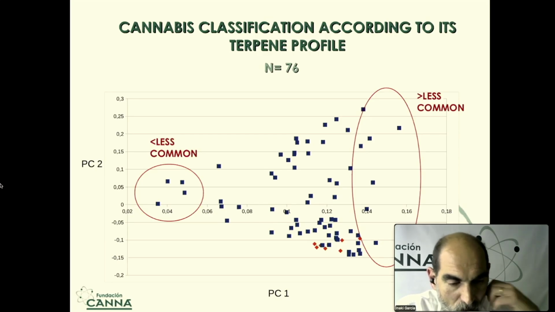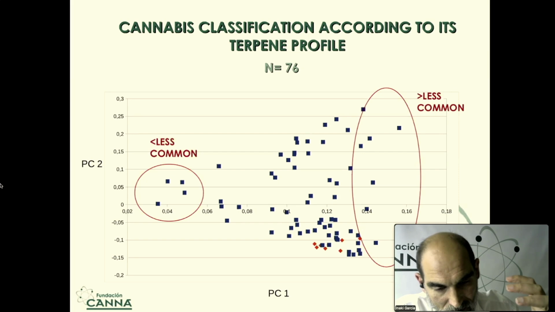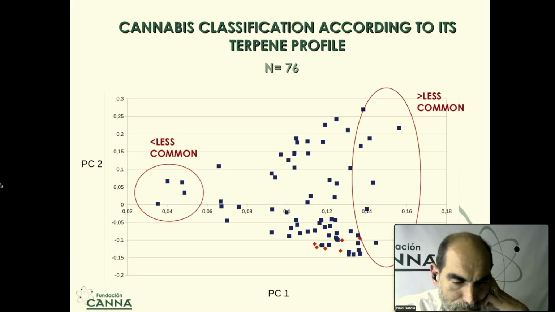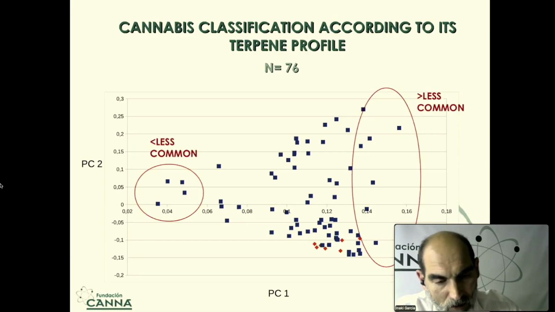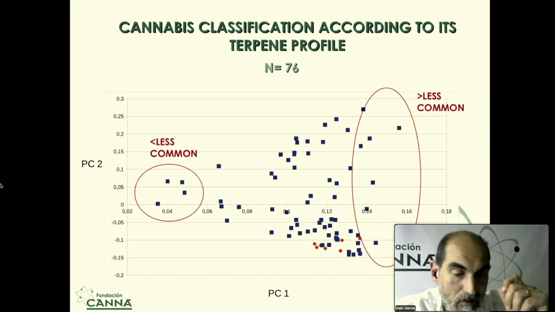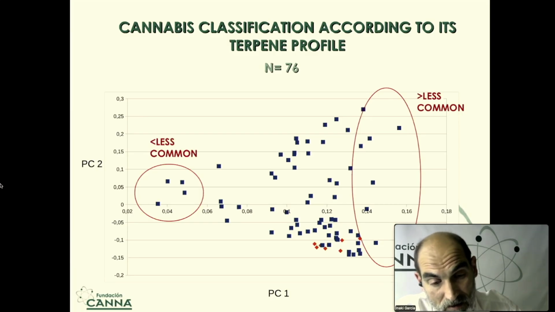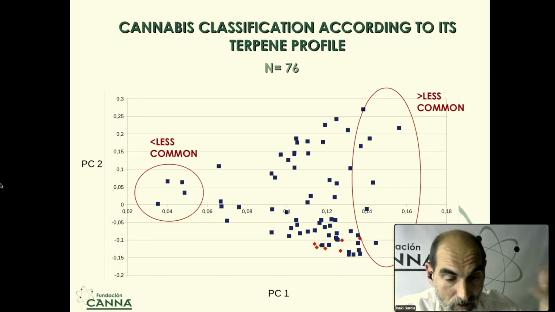So when we represent the plants based on the classification that the statistical tool made, we can see how different or how similar a plant is from another. We can know this because plants that are very similar have dots very close together, and plants that are very different have dots far away from each other, okay?